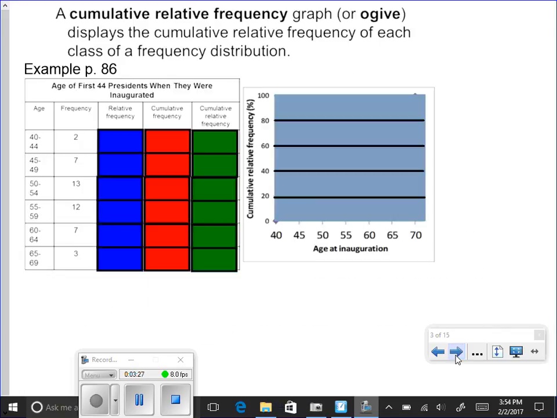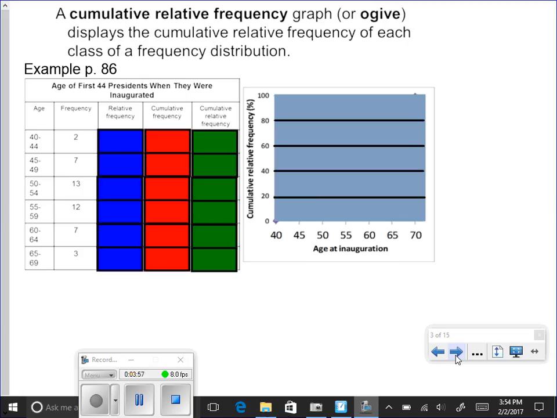So one way we can display percentiles is in a graph called an ogive, and it's spelled ogive, but it is pronounced ogive. And this is a cumulative relative frequency graph. So as you can see, we're looking at a graph of the ages of the first 44 presidents when they were inaugurated. So there were 2 presidents from 40 to 44, 7 presidents from 45 to 49, so on and so forth, all the way down.